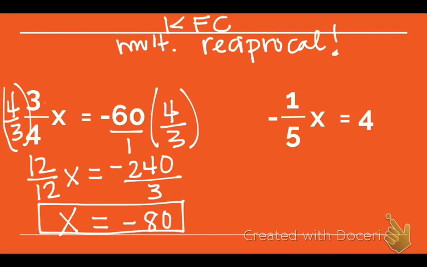Number 2, instead of dividing by the fraction, my variable is being multiplied by -1/5, so I'm going to flip it and multiply.